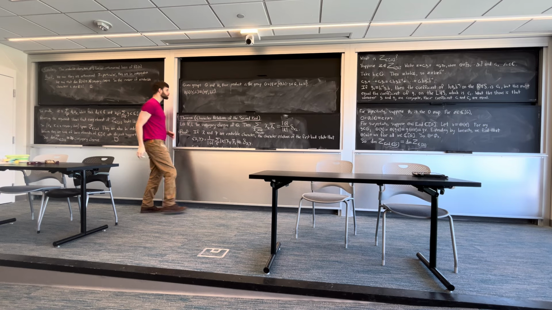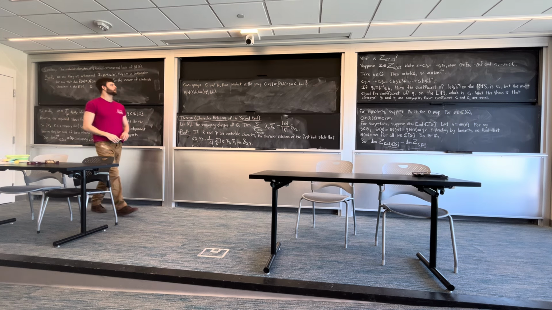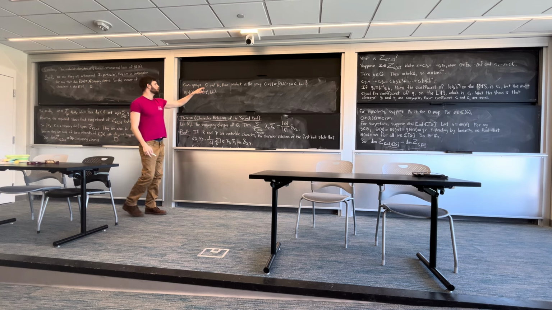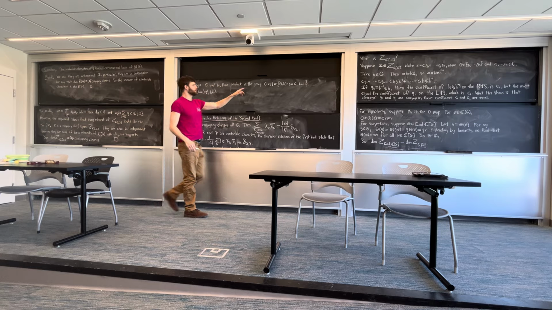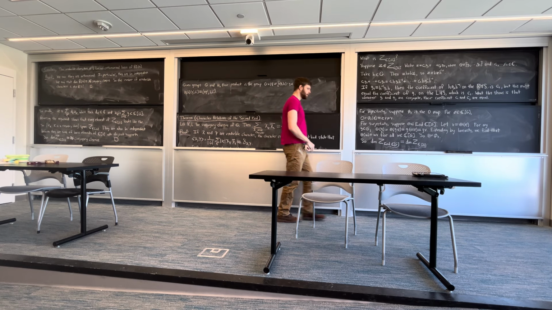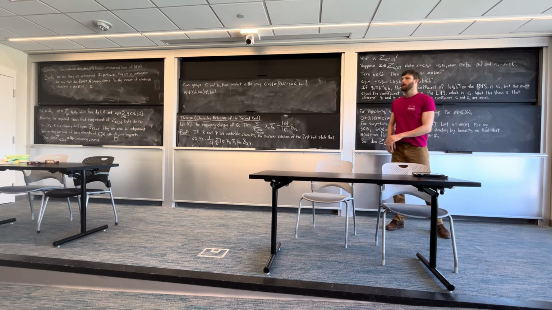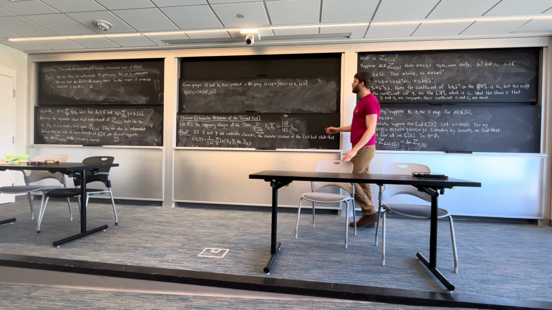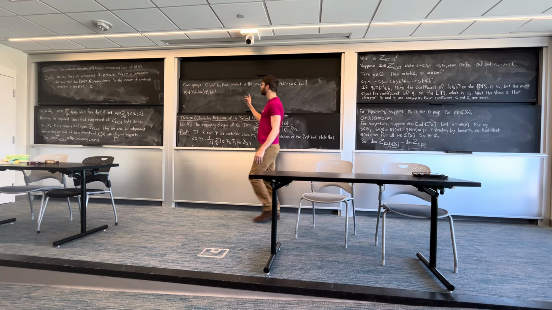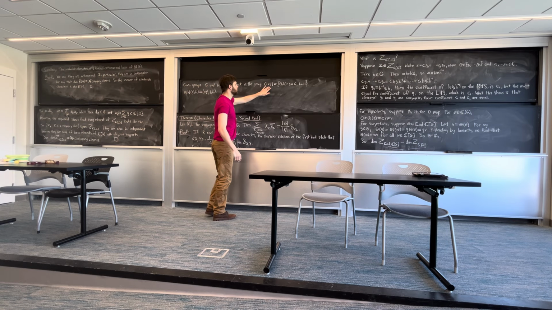So the question that we'll address next time is, if we have a representation for G and we have a representation for H, how can we construct a representation for G cross H? This will be what's called the tensor product of the representations. And what we'll see is that all of the irreducible representations for G cross H are of this form.